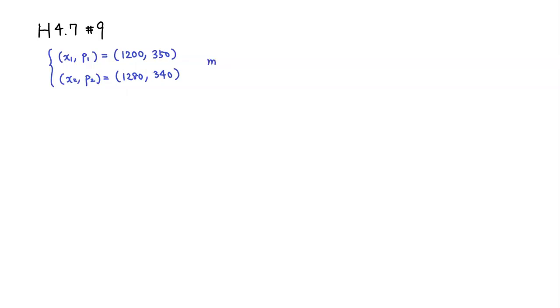So M is equal to, right, P2 minus P1 over X2 minus X1. So P2 would be 340 minus P1, which is 350, and X2 is 1280 minus X1, which is 1200.